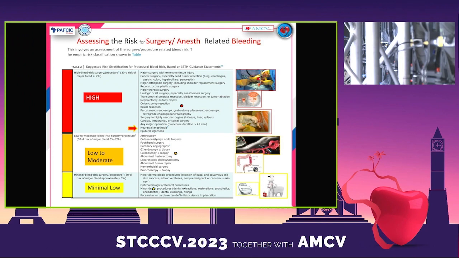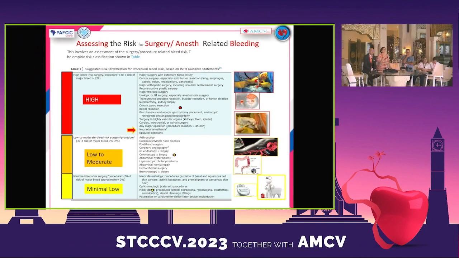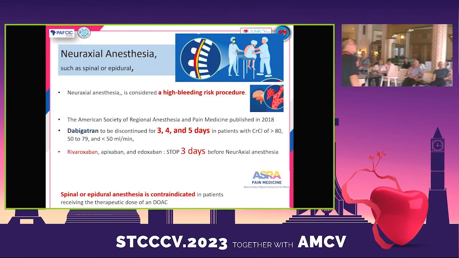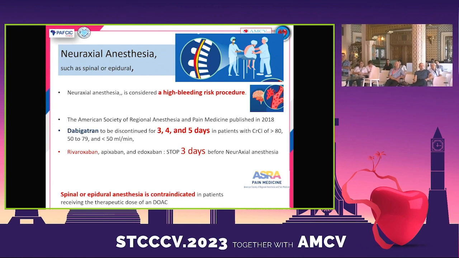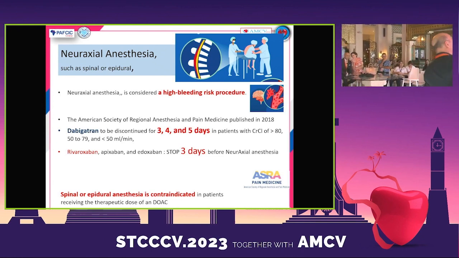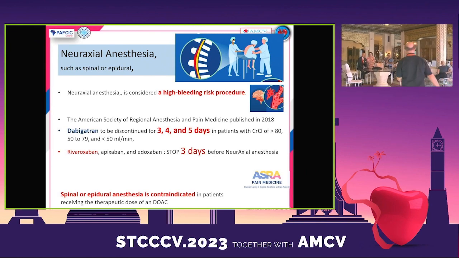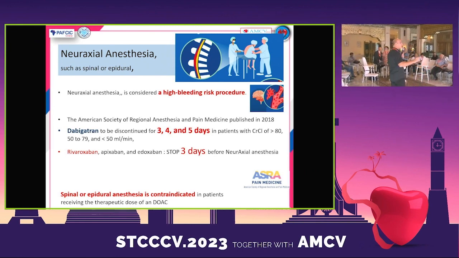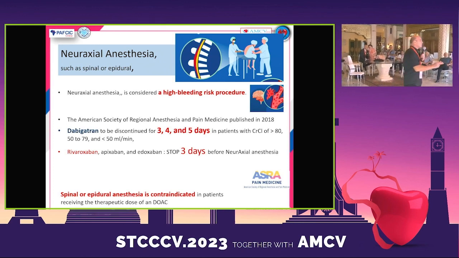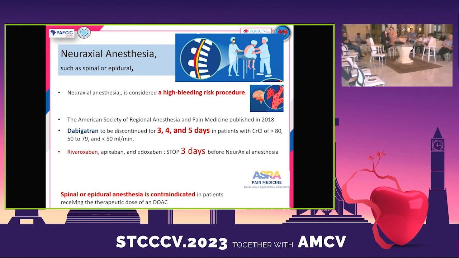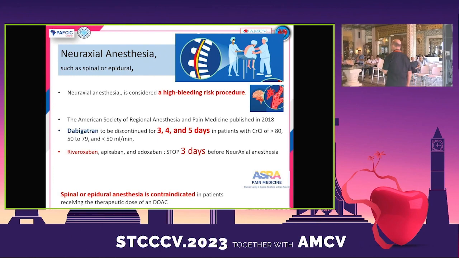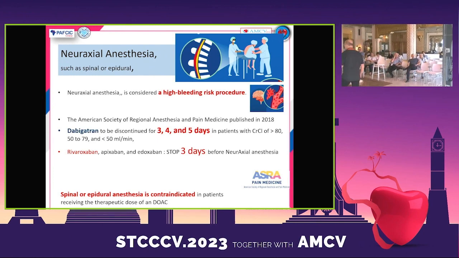And minor or low risk includes dental procedures and even pacemaker implantation. Neuraxial anesthesia is always classified as a high-risk bleeding procedure, and spinal or epidural anesthesia is contraindicated in patients under NOACs. So we have to stop rivaroxaban at least 3 days before neuraxial anesthesia. If it's dabigatran, it will be between 3 and 5 days, especially in patients with renal failure.